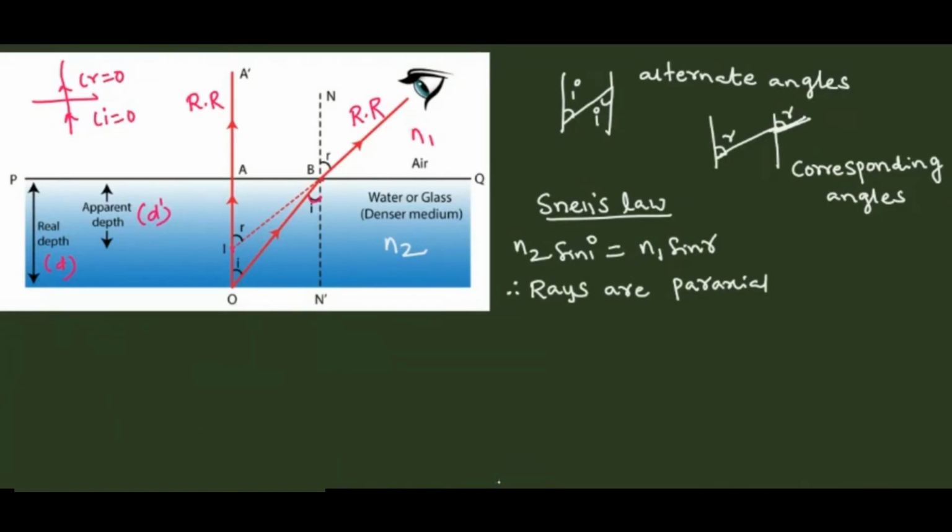If two normals are very close, then the angles are very small. If rays are paraxial, the angles are very small. So here the angle of incidence and angle of refraction are very small. Clear, my dear children?